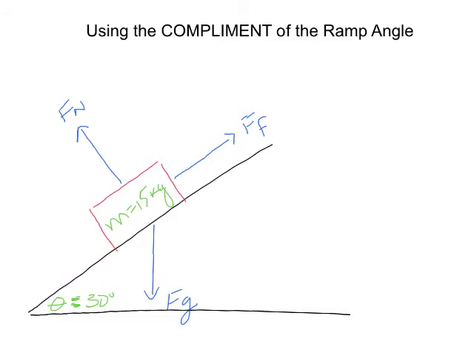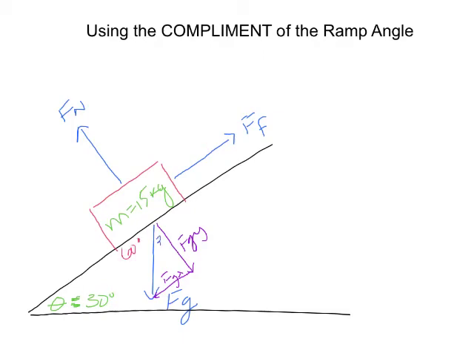All right? So once again, we talked about our f sub g y and our f sub g x. Okay, and we know that if the ramp angle is 30 degrees, this is 60 degrees.